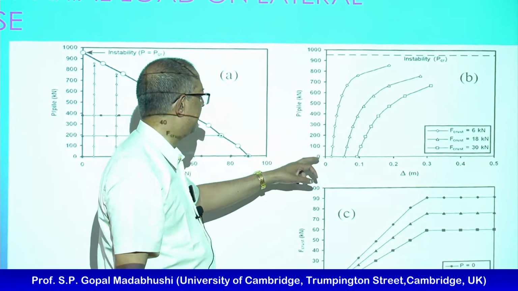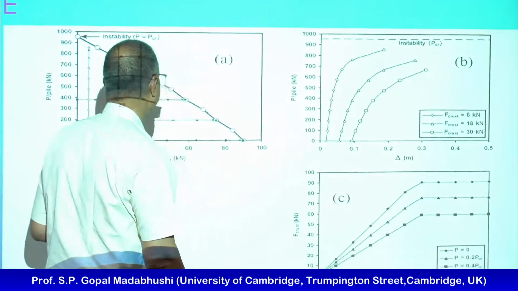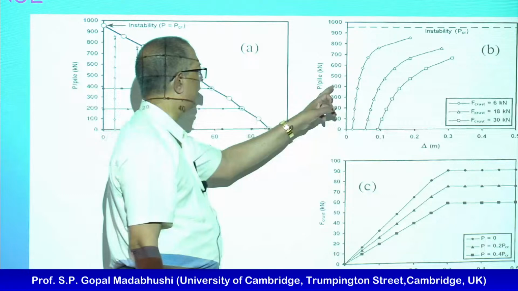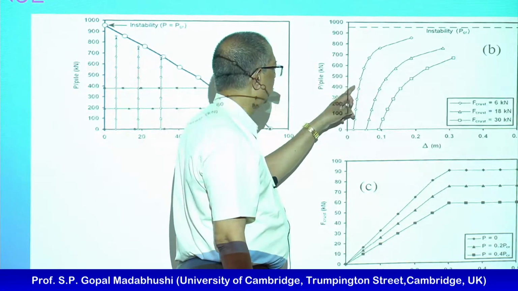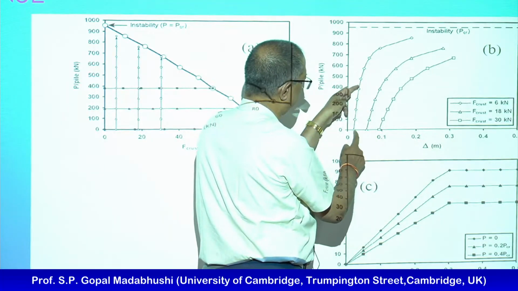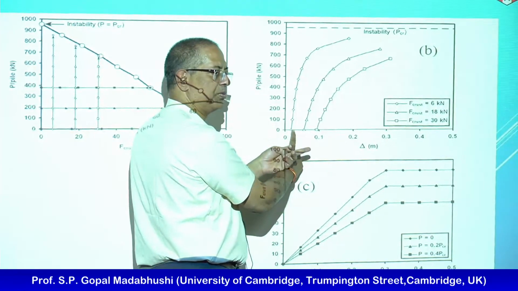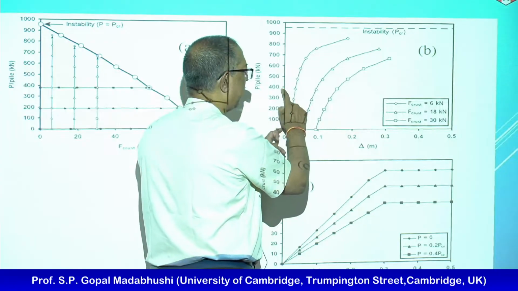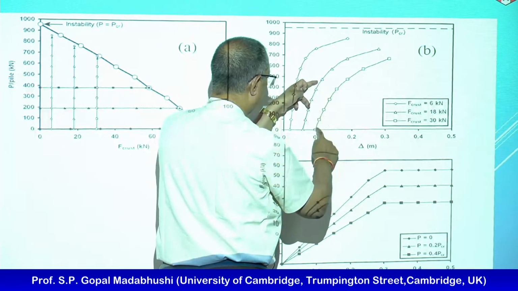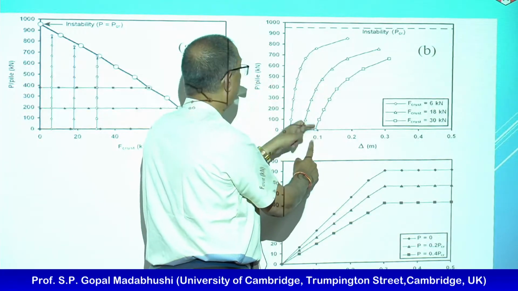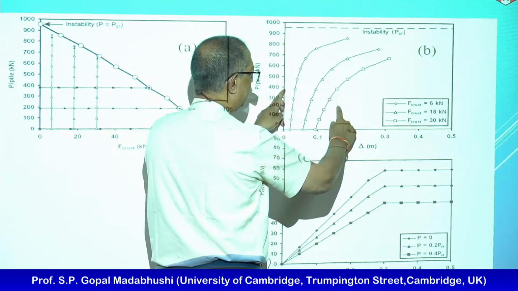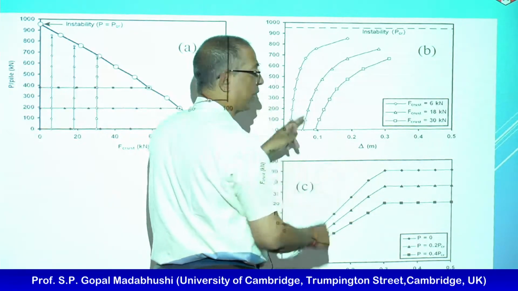So you can see, say I'm applying 400 kilonewtons of force. I can come along here and see that for a crust force of 6 kilonewtons, I'll get a deflection of maybe only 0.02, something like that. If I apply 400 kilonewtons but my crust force is 18, I'll get a deflection of 0.1. For the same thing, if the crust force is higher, I'll come down to about 0.18 meter.